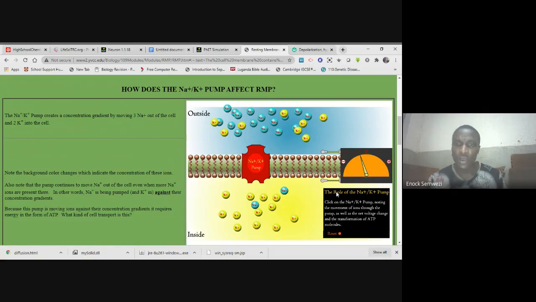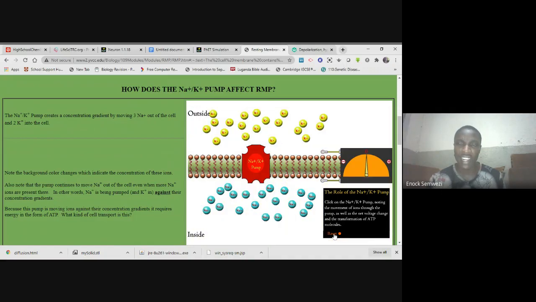And during that process, I want you to see that there is a change in the PD. I don't know whether you are able to look at that. Let me try to reset, and then you see what exactly happens. Check, the potential difference is at 0 right now, but now I want you to see what is happening. 3 sodium out, 2 potassium in.